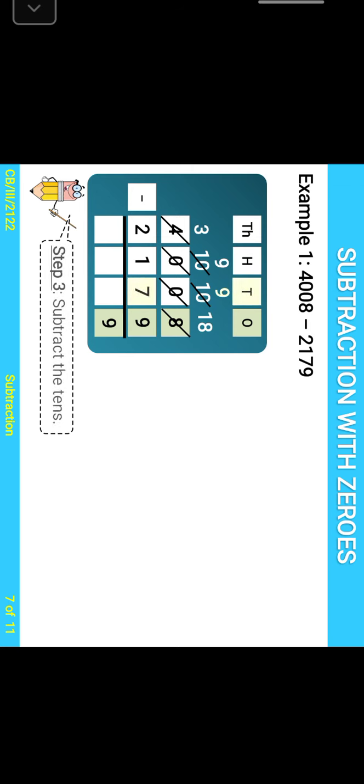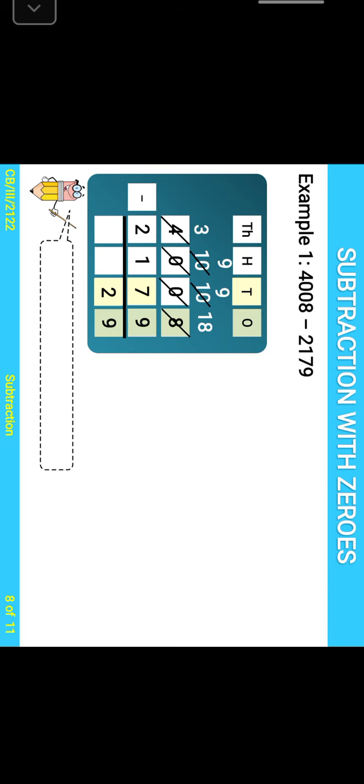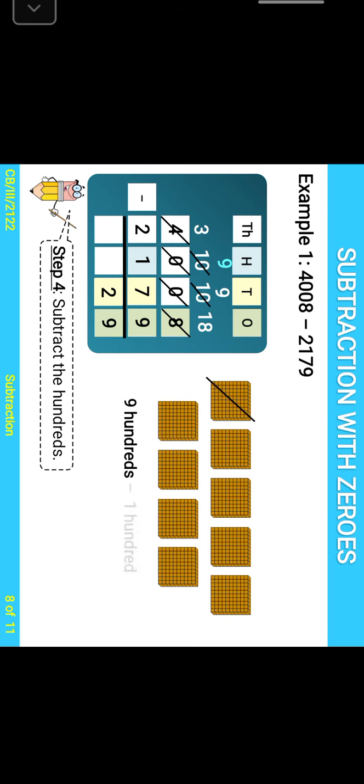Now tens place subtraction. 9 minus 7. 1, 2, 3, 4, 5, 6 and 7. Answer is 2 tens. Now hundreds place subtraction. 9 hundreds minus 1 hundred. Answer is 8 hundreds.